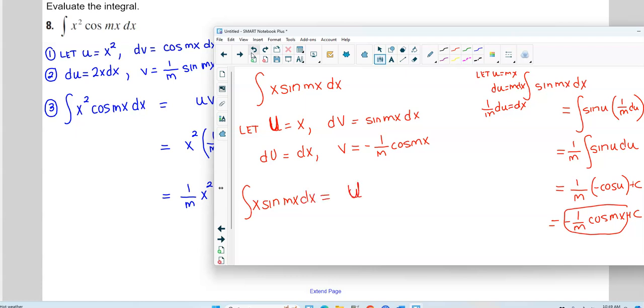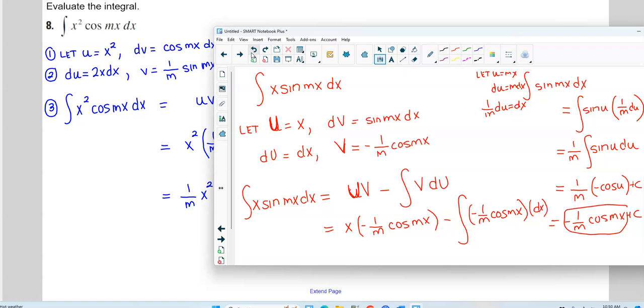This is capital U times capital V minus the integral of capital V d capital U. So we know that this is x times V, which is negative 1 over m times the cosine of mx, minus the integral of negative 1 over m times the cosine of mx times dx.